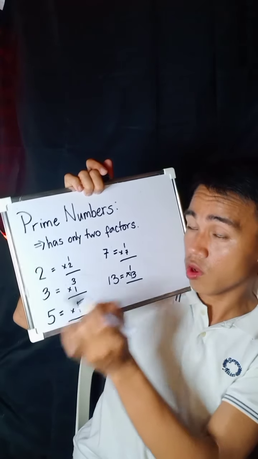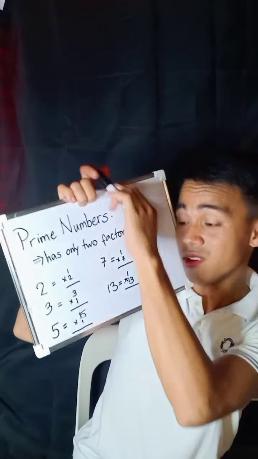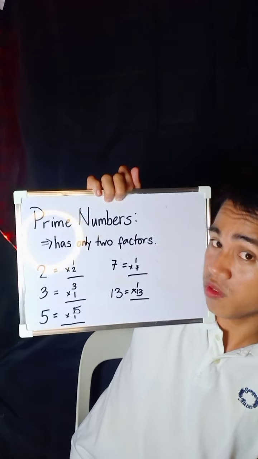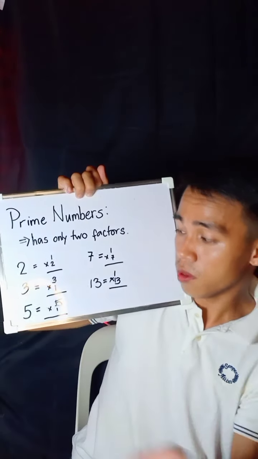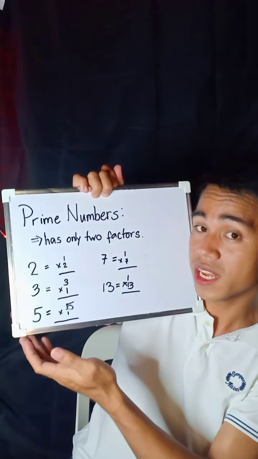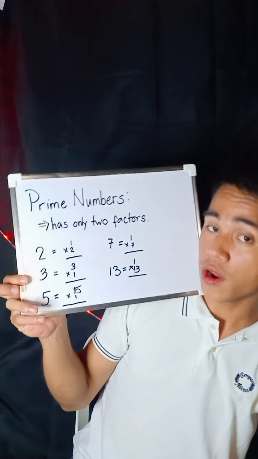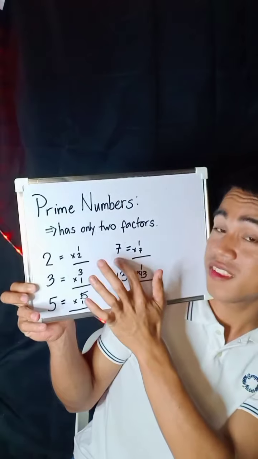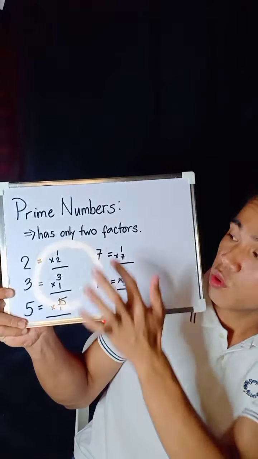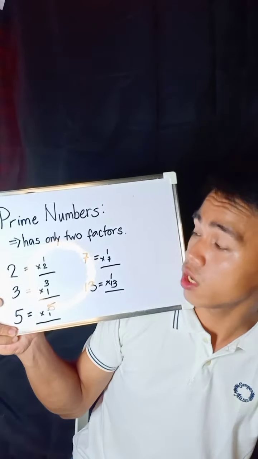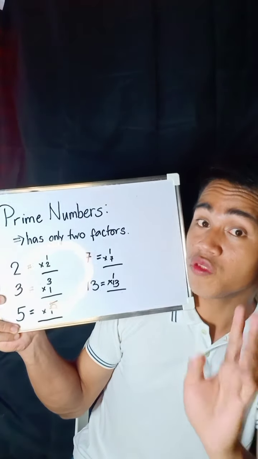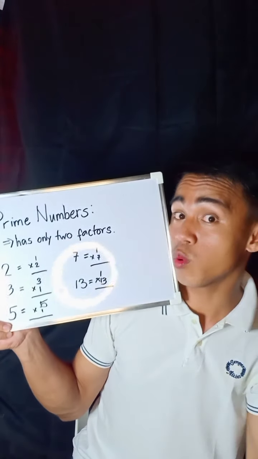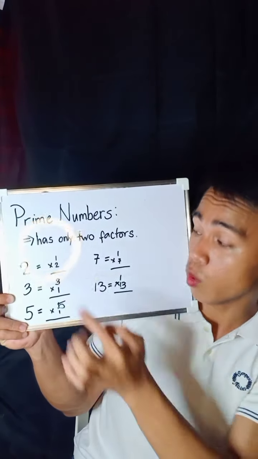You cannot use 5 times 3 or 5 times 2, because that gives another product. We have to find only the factors of 5. So only 1 and 5. Also with 7, you can only use the factors 1 and 7, because 1 times 7 equals 7, and 7 times 1 equals 7.